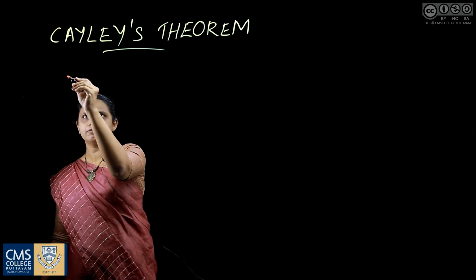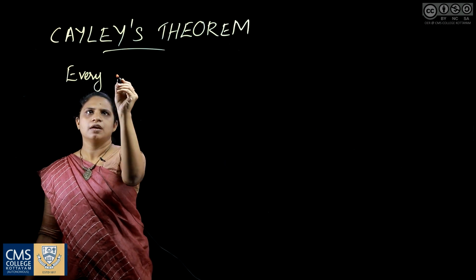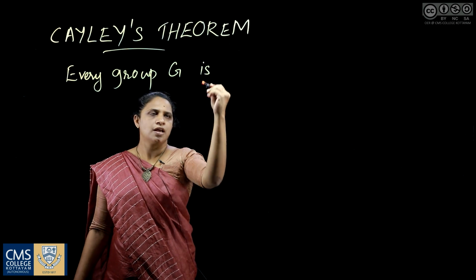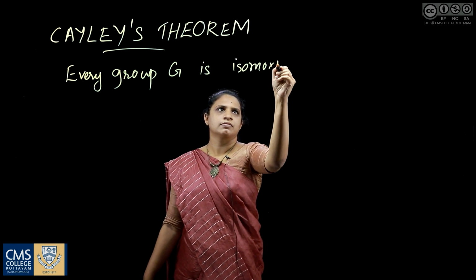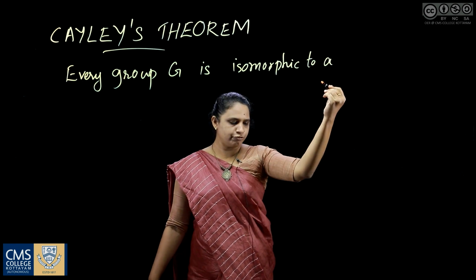That is, the statement of the theorem is: every group G is isomorphic to a group of permutations.